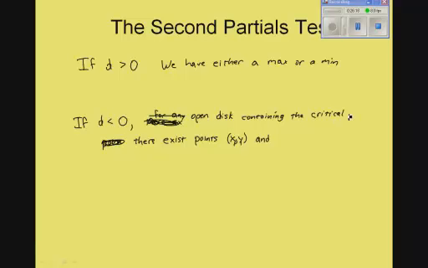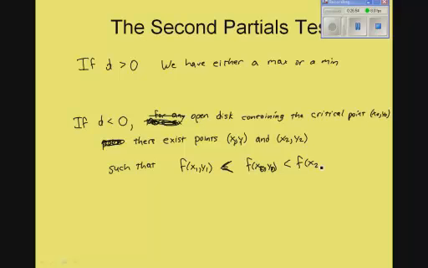Critical point (x naught, y naught), we'll call it. There exist points (x1, y1) and (x2, y2) such that f of (x1, y1) is less than f of (x naught, y naught). No, I'm sorry, f of (x naught, y naught) is less than f of (x2, y2).